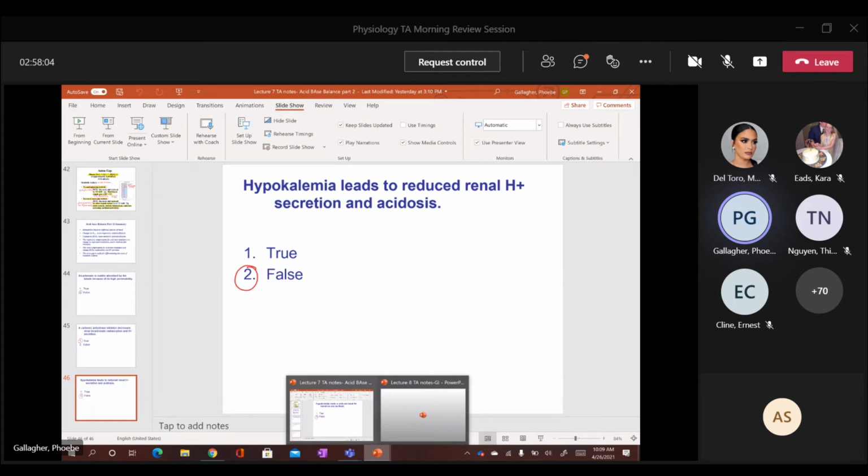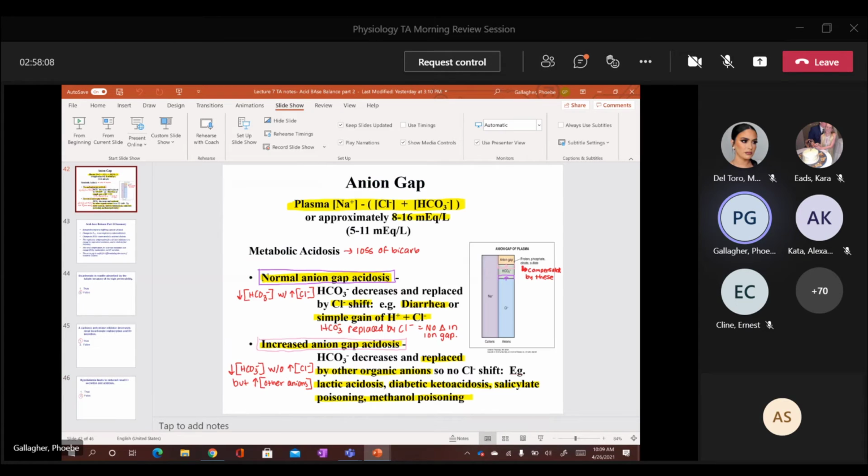Phoebe, can you just really quick tell me why the chloride moves into the ECF one more time for the anion gap shift? Sorry, I missed it. Yeah, no worries. When you have a loss of bicarb, you're going to lose the negative charge in your ECF. In order to maintain the balance between positive and negative charges, chloride from your intracellular compartment is going to move into your extracellular compartment to increase the total amount of negative charge and make it equal to the total positive charge.